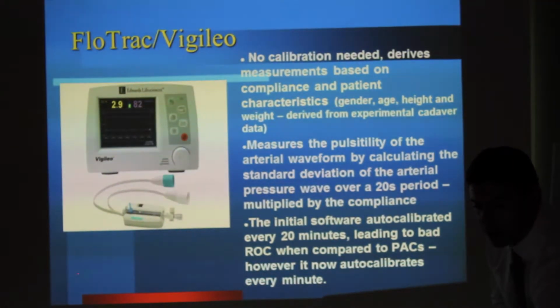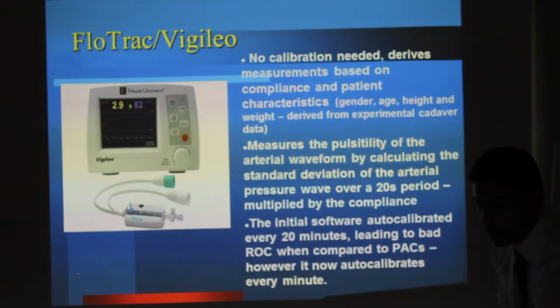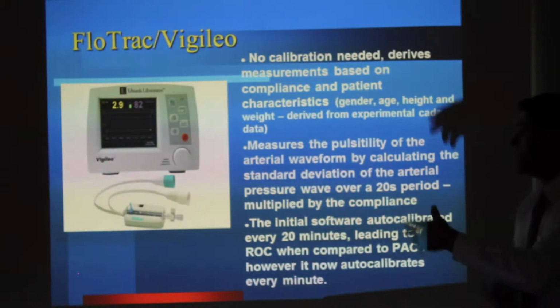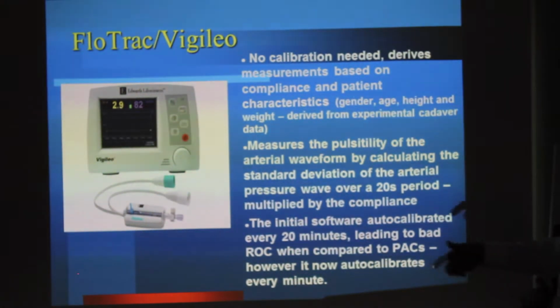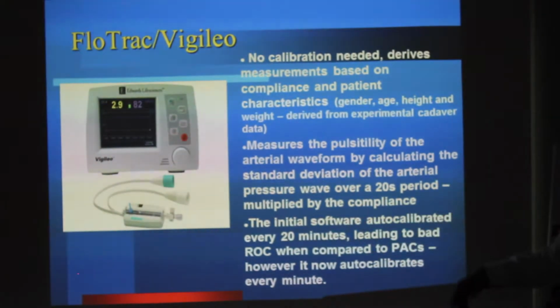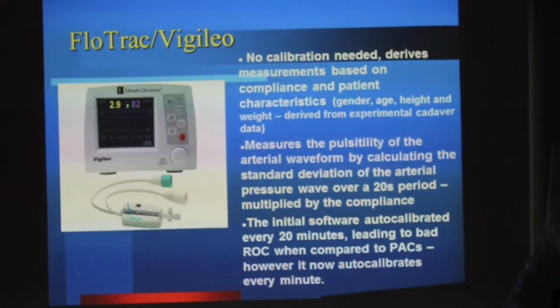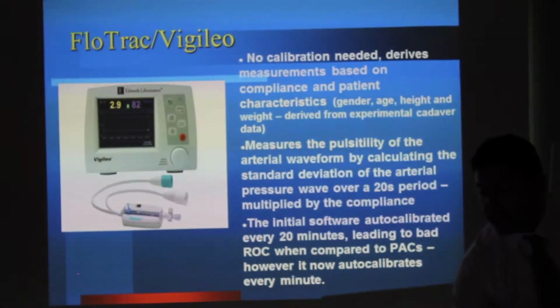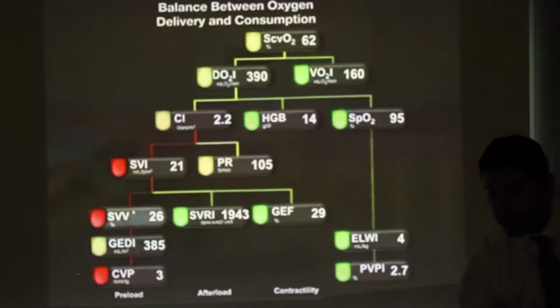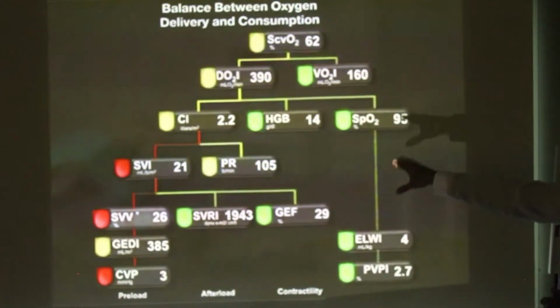So the Vigileo or FloTrac, the old device required frequent calibration. The new one has a software that auto-calibrates itself every 20 minutes. But basically, every 20 seconds, it can give you accurate data. And this is the data on the screen.